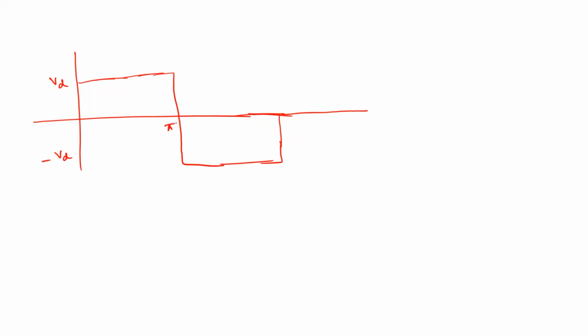So let us assume this is pi and this one will be 2 pi. So this is basically a square wave. We need to decompose this into Fourier components to obtain its fundamental value, right? So how to do that?